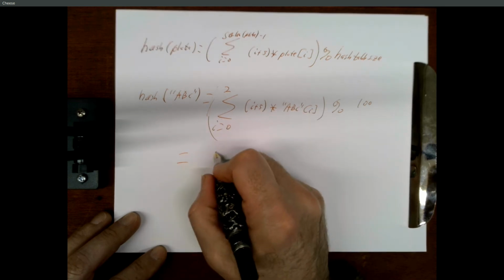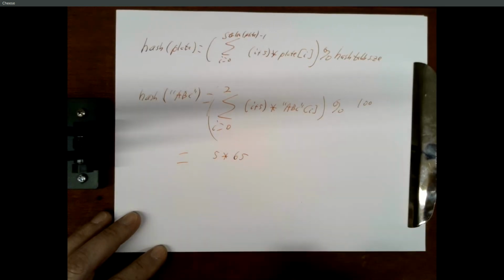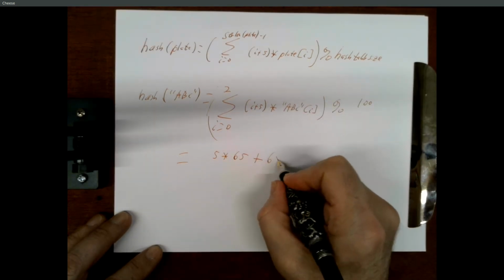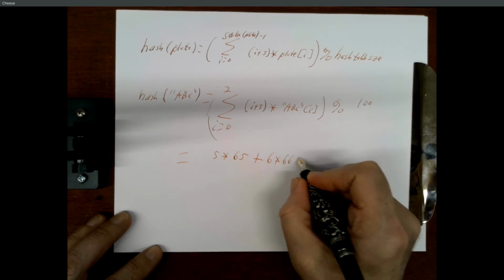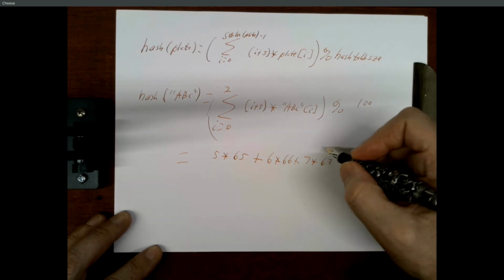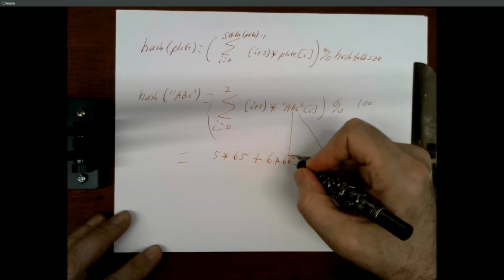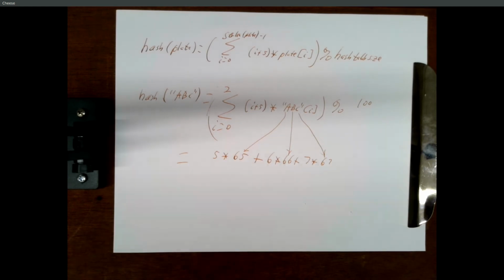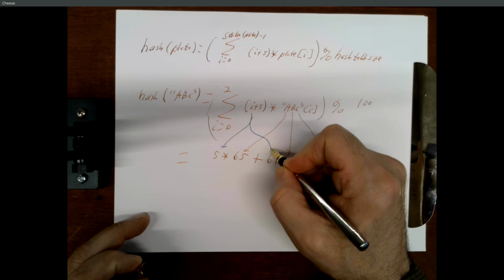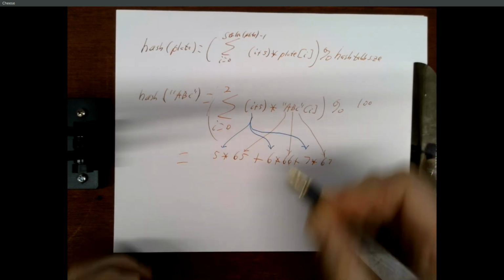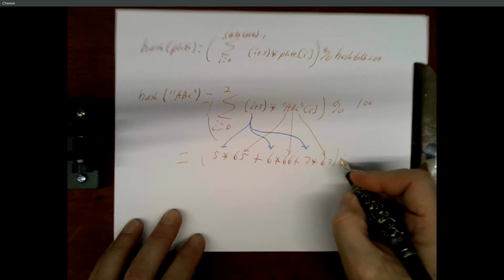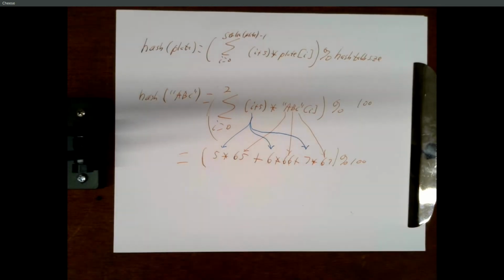For index 0, this is going to be 5 times the ASCII code for A. And then i is 1, it's going to be 6 times the ASCII code for B. And then i equals 2, 7 times the ASCII code for C. So these are ASCII codes, and this is coming from the i plus 5s. So do that addition, divide by 100, take the remainder. And you get a number between 0 and 99.